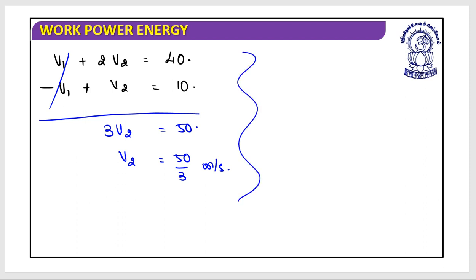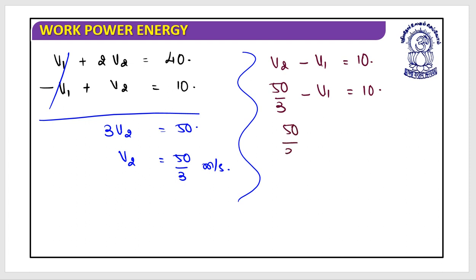Now if I put the value of v2 in any one of the relations, let's use the second. v2 minus v1 equals 10, and v2 is 50 by 3, so 50 by 3 minus v1 equals 10.